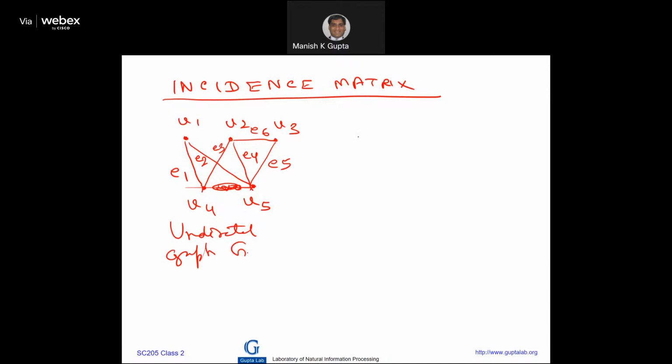So what I'm going to do, I make a matrix known as the incidence matrix. I write down edges E1, E2, E3, E4, E5, E6, and the vertices 1, 2, 3, 4, 5. If it is incident, I am putting 1, otherwise it is 0.